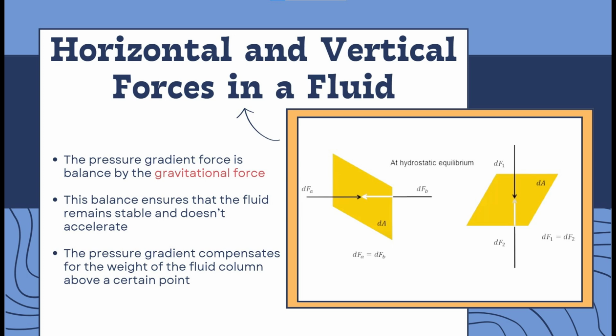Proceeding to the left side of the diagram, as we can see here, the dF sub A is equal to the dF sub B. The forces on the left side and the forces on the right side are equal in magnitude, so these forces are balanced and they cancel each other out, maintaining stability. The magnitude of dF sub A is always exactly equal to dF sub B.